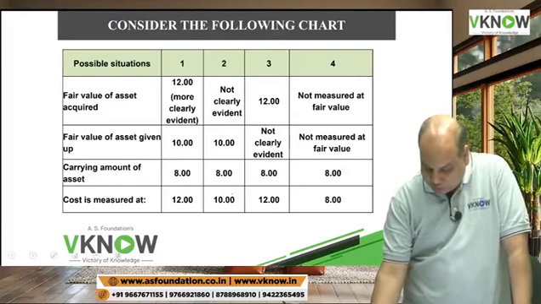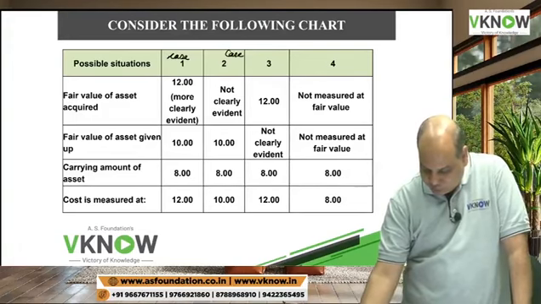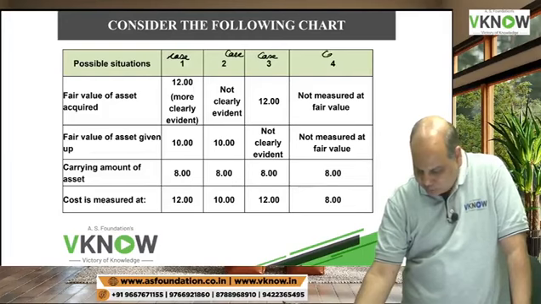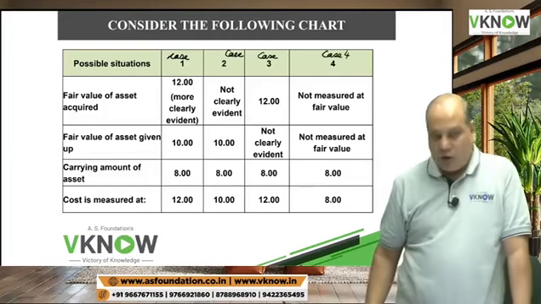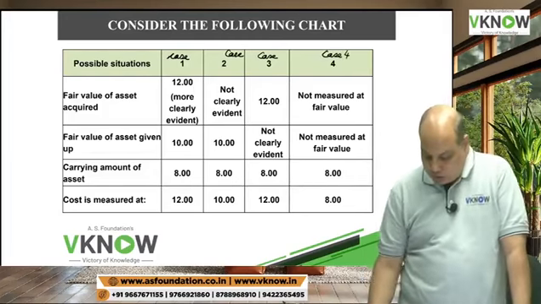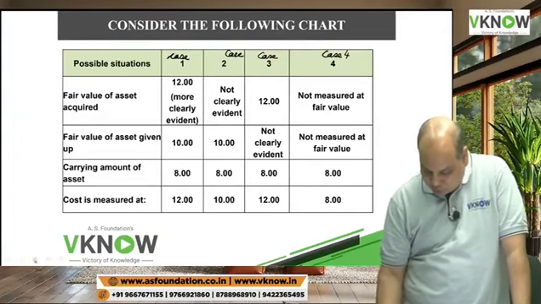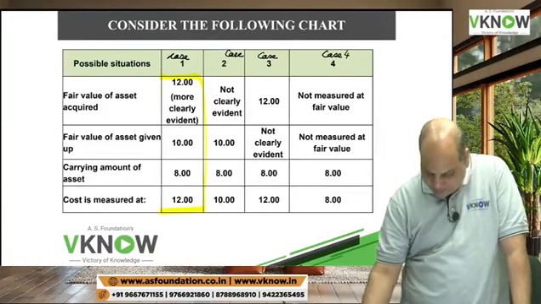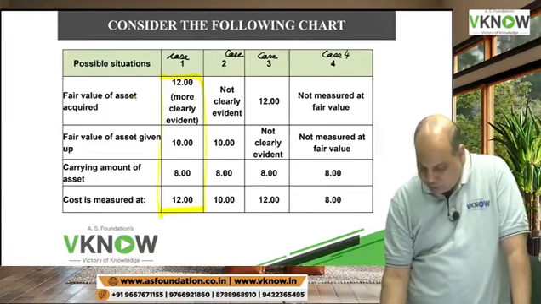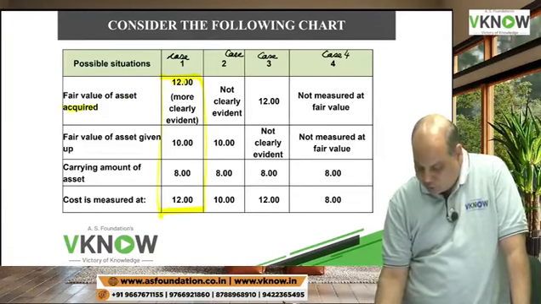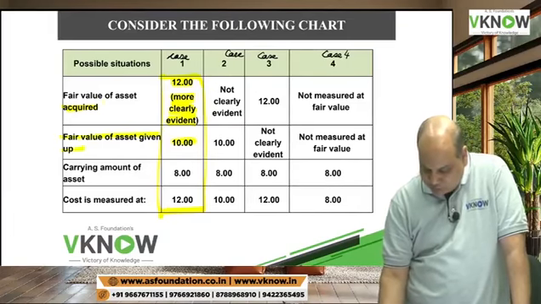This is case 1, case 2, case 3, case 4. Case 1, all of you will concentrate on case 1. Here, fair value of the asset acquired is 12. Please write down more clearly evident. Fair value of the asset given is 10.